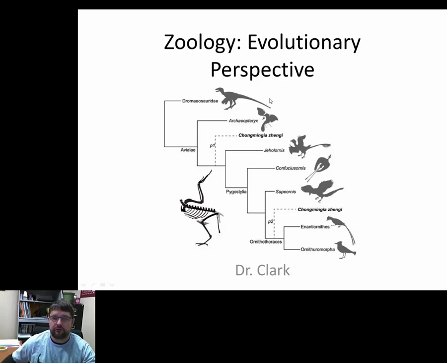And so you'll see, as we progress through the different groups within the animal kingdom, that some groups are very well studied, and there are specific physical features, often morphological features, that separate these groups.